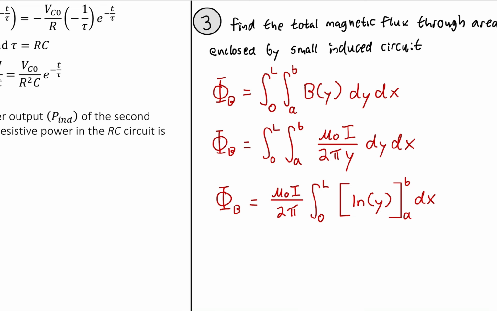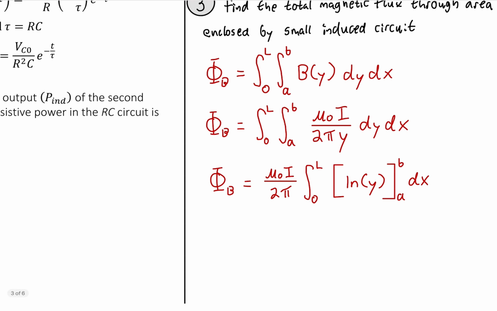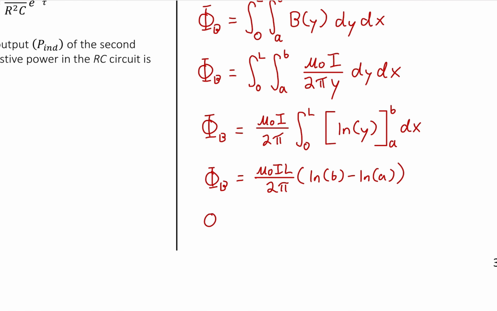And if we take care of everything on the inside and the outer integral as well, it's going to look like this. So I have our mu naught IL, and then the natural log of B minus the natural log of A. All right, and then quick cleanup, use the law of logarithms just to make it a little bit tidier.